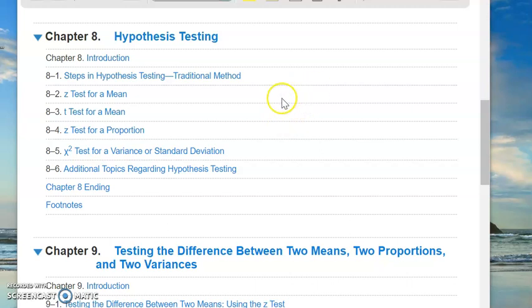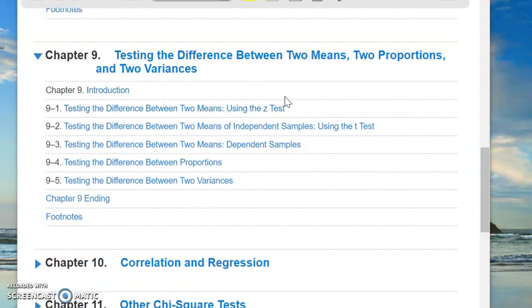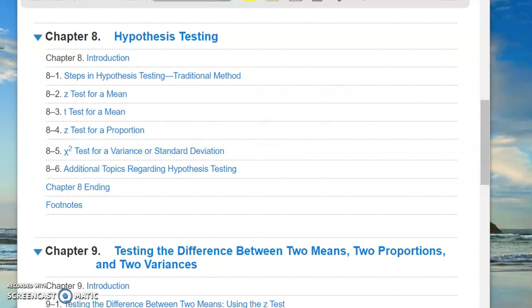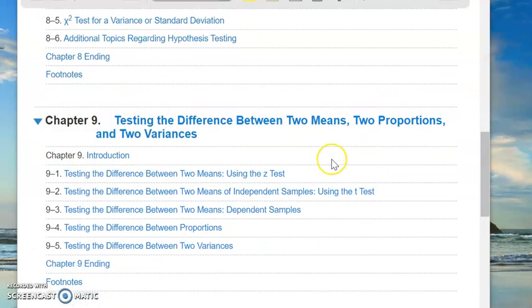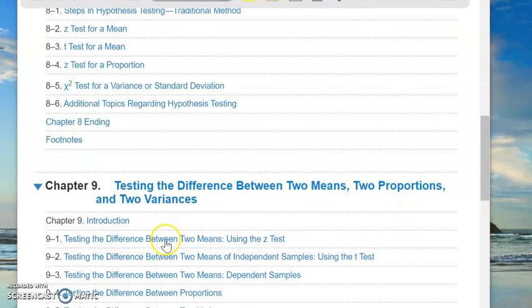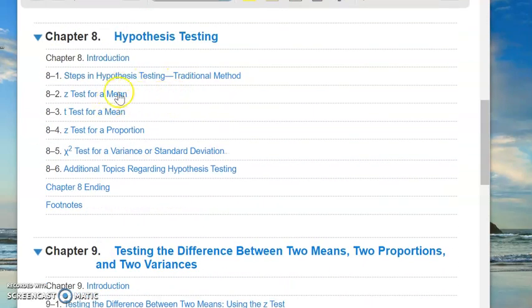So Chapter 8, I compare a sample to a population. Chapter 9, what I'm doing is I'm taking two samples and I'm comparing the two samples. Okay, so do you see the difference? In Chapter 9, I am comparing sample to sample. In Chapter 8, I'm comparing sample to the population.